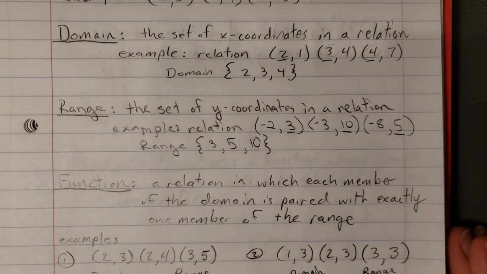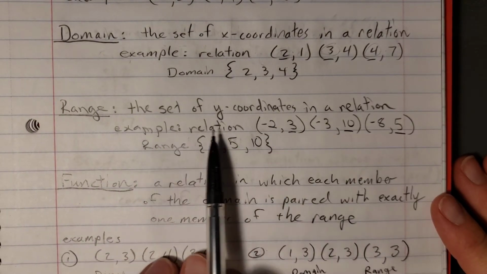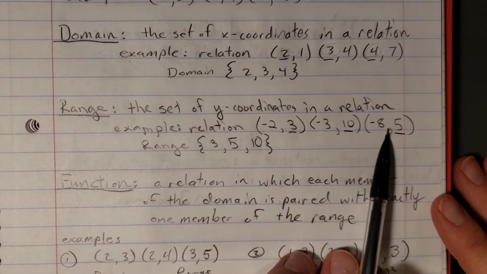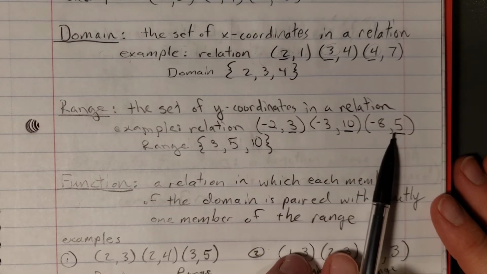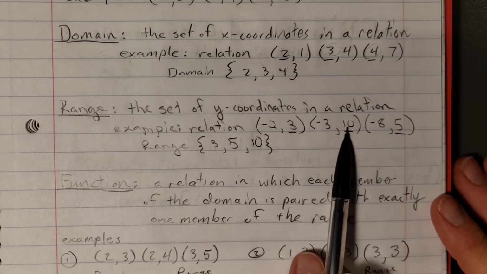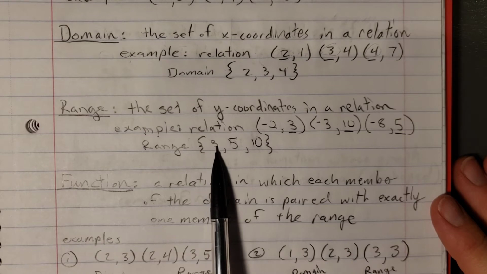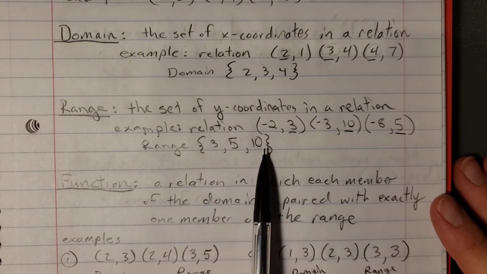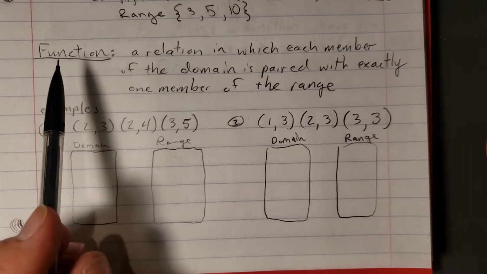Now let's move on to the range, which is just the set of y coordinates in a relation. So if we have this set of ordered pairs in our relation, then what is the range? Our range is 3, 5, and 10. I put it in order, least to greatest. That's a nice way to list it. It's preferred. Okay, function.